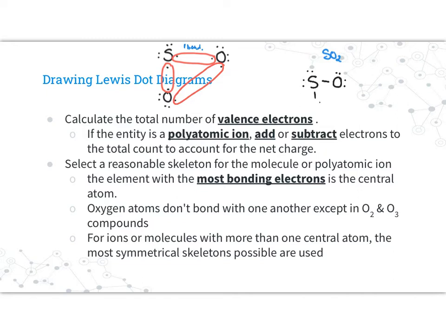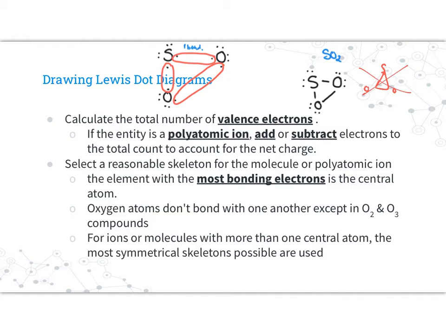And that sulfur was bonded to another oxygen which had 2 lone pairs, and these 2 oxygens were bonded together. So again, a bond represents these 2 electrons sharing between themselves. Now what this looks like is a big triangle where we have sulfur, oxygen, and oxygen. And this is actually not what SO2 looks like in real life.